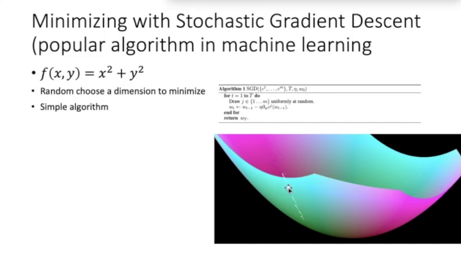The step length is not large, but the direction is close to optimal. It's a simple algorithm. It's easy to implement. It randomly chooses a dimension to minimize. Or in fact, the direction is not close to minimal, but it randomly chooses a dimension to minimize.